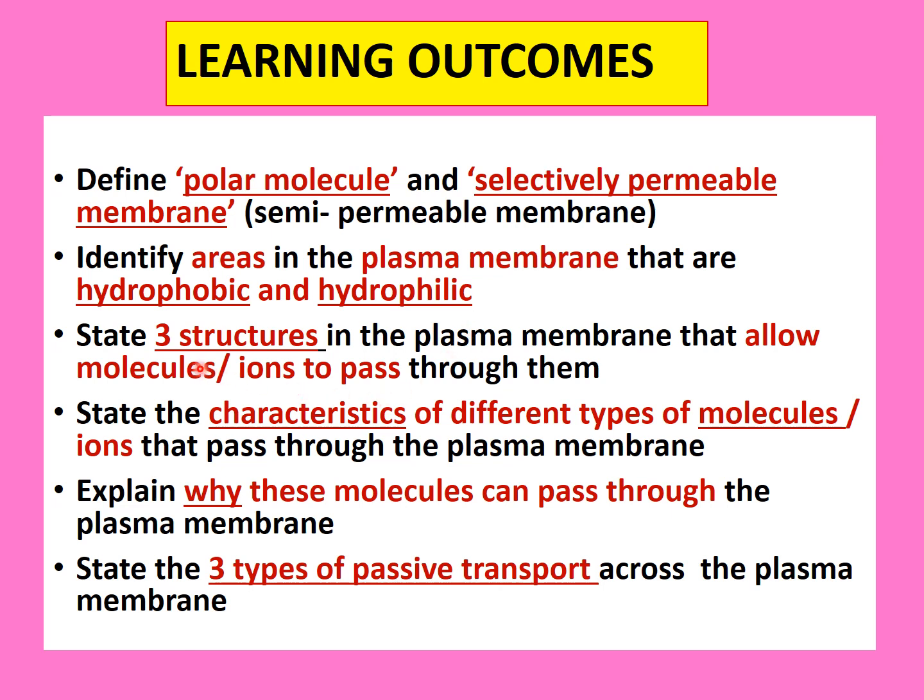Thirdly, be able to state three structures in the plasma membrane that allow the molecules or ions to pass through them. Fourthly, state the characteristics of the different types of molecules that pass through the plasma membrane. Fifthly, explain why these molecules can pass through the plasma membrane. And lastly, state three types of passive transport across the plasma membrane. These types of passive transport will be discussed in the next video.